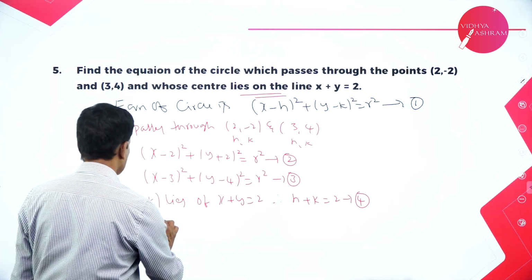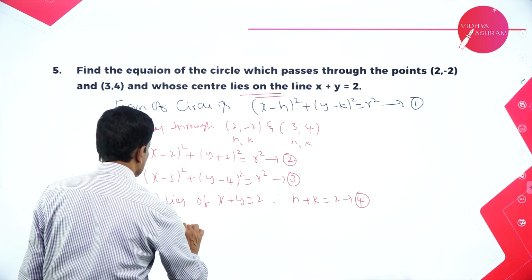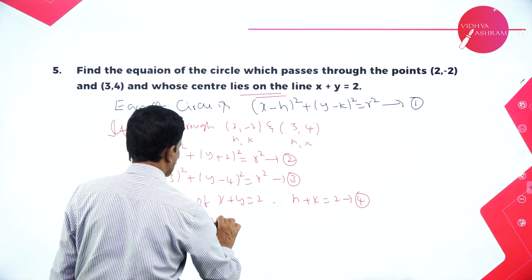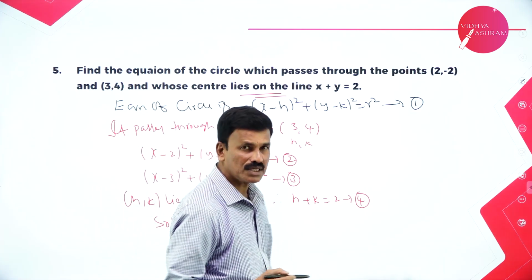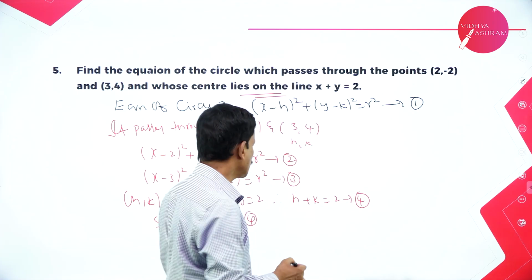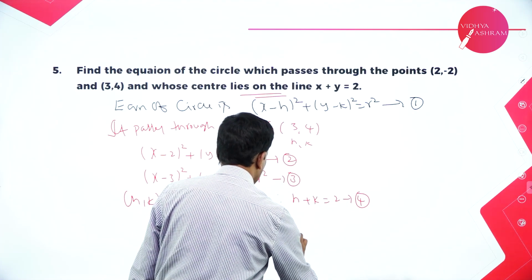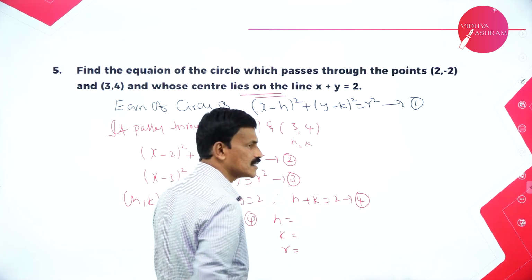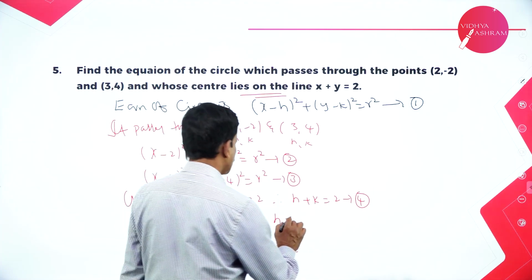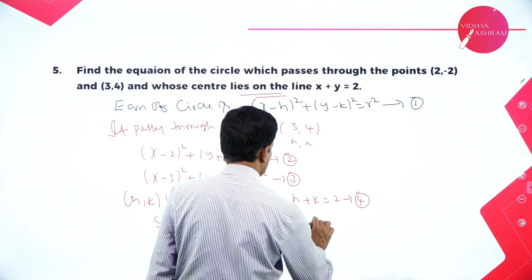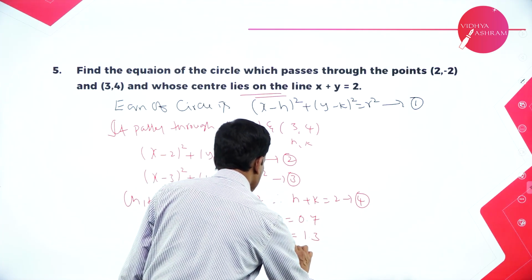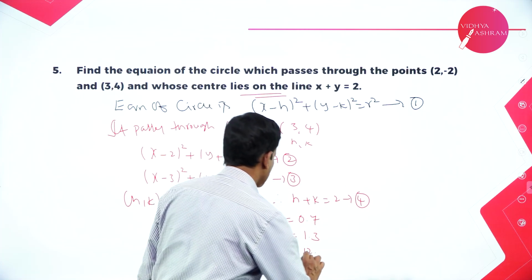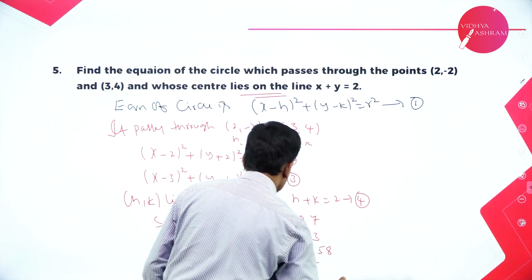Now, by solving equations 2, 3 and 4, you will get the h, k and r values. On solving this, we get h is equal to 0.7, k is equal to 1.3 and r square is equal to 12.58.